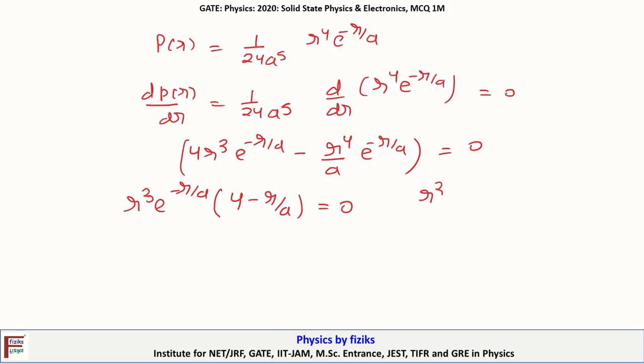Now this term e to the power minus r/a cannot be equal to 0 as it would make psi equal to 0.